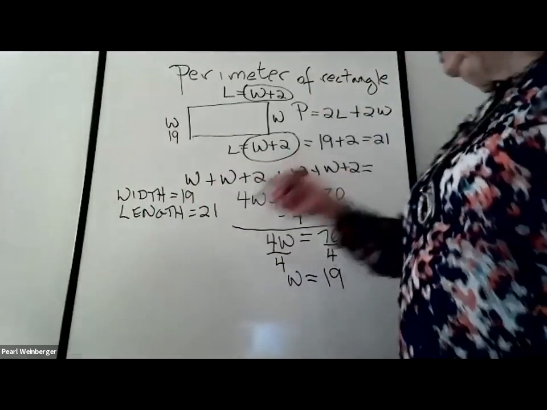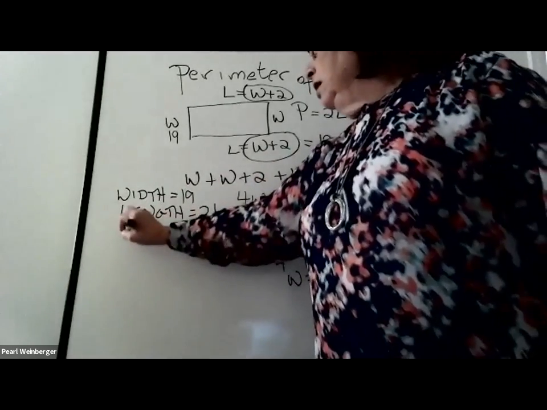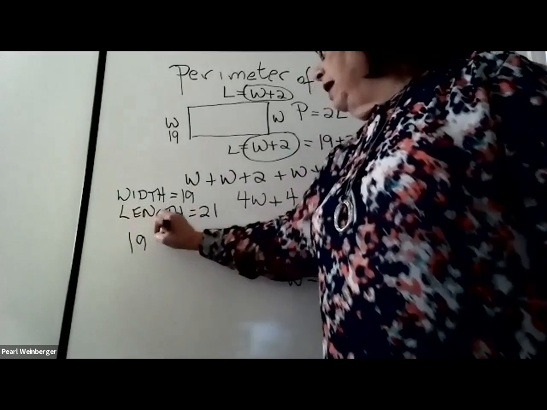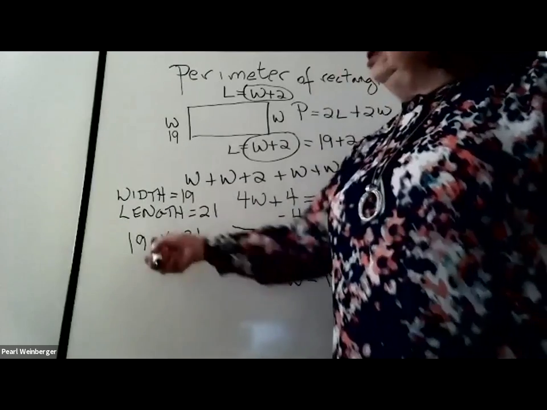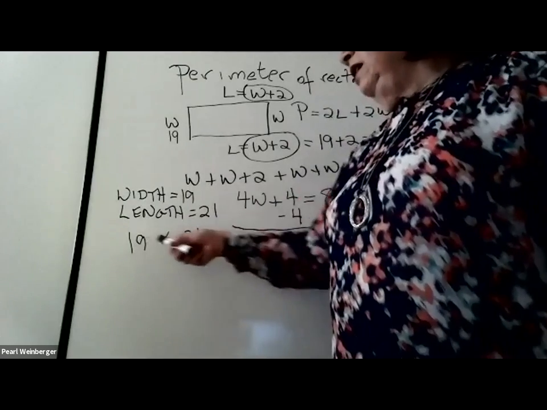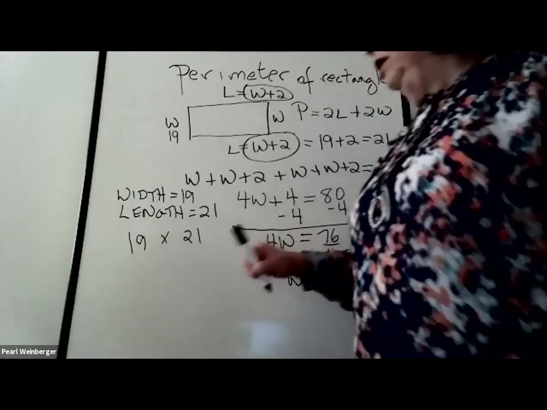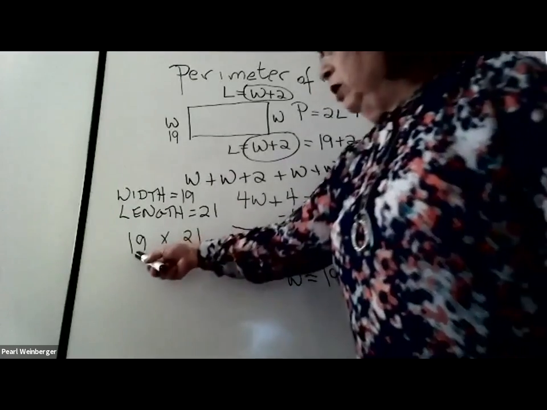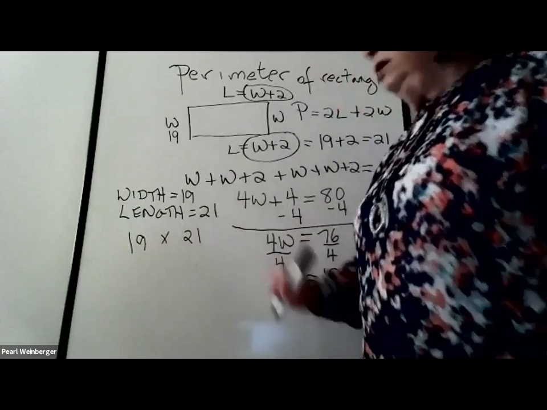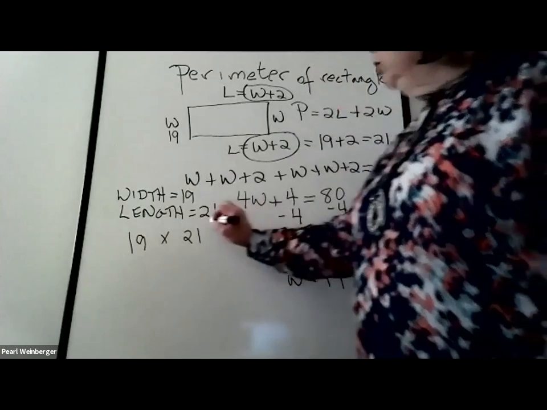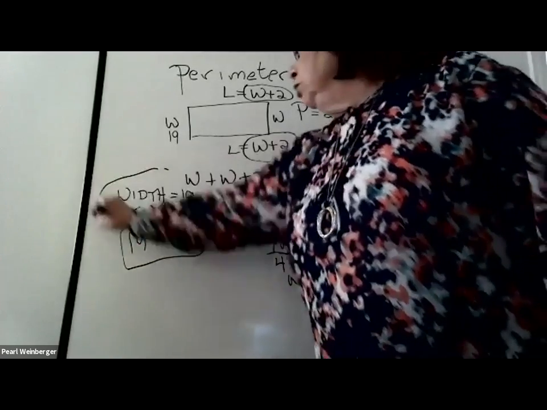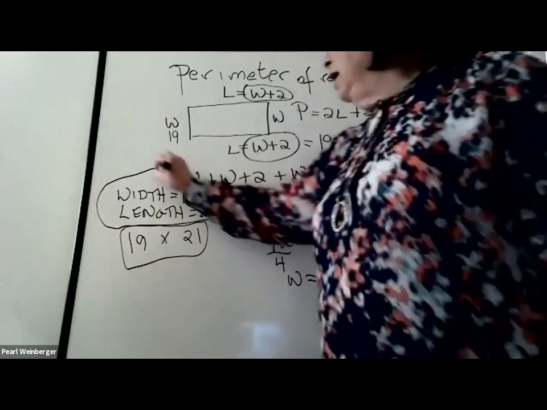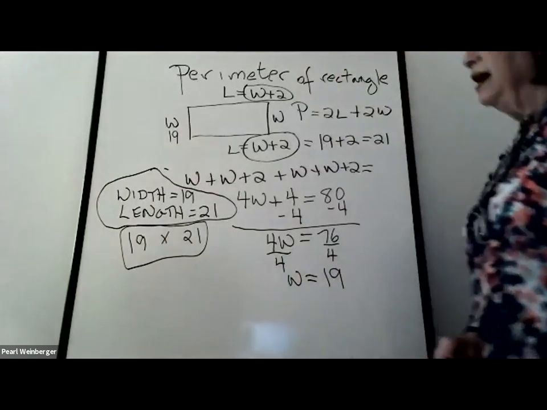Or sometimes they do something like this. 19, the little x, that means by 21. The dimensions are 19 by 21, which means one side is 19 and one side is 21. So you could write the dimensions this way, or you could write it this way. Either way, we've solved this problem.